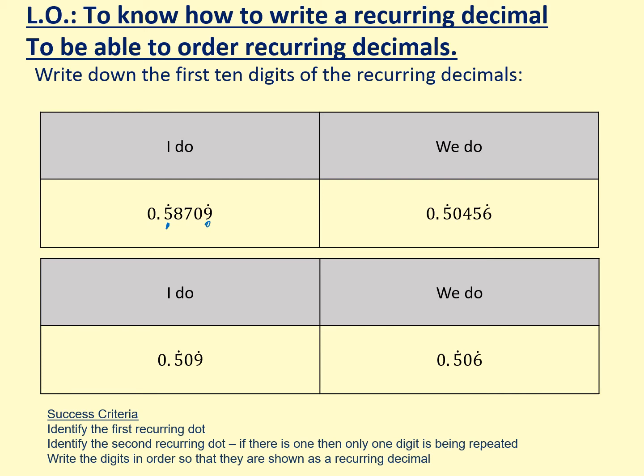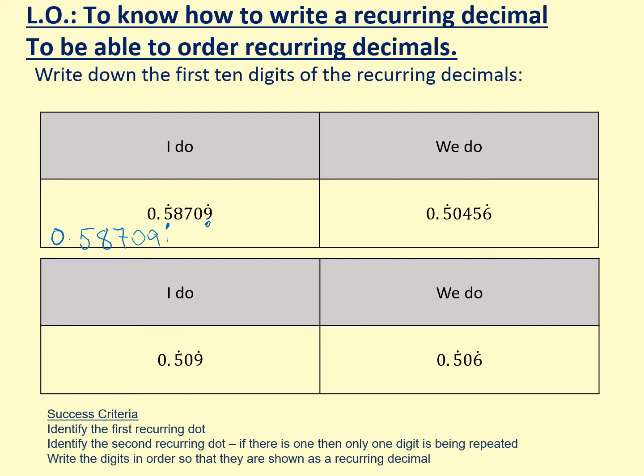Write the digits in order so that they are shown as a recurring decimal. Okay, so my recurring decimal looks like this: 0.58709. It's recurring, so I write again everything from the first dot to the last one.